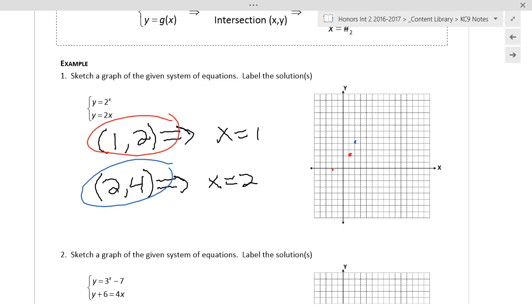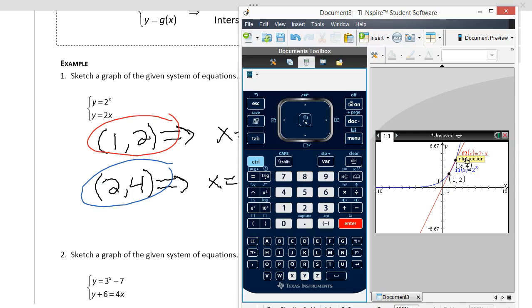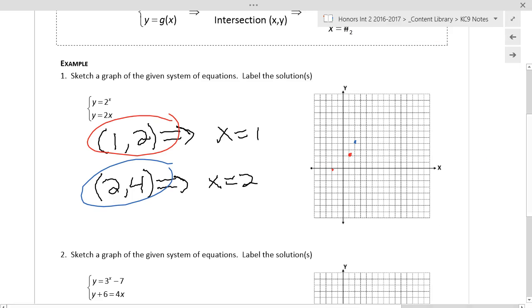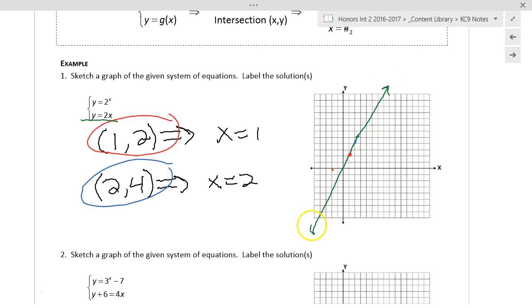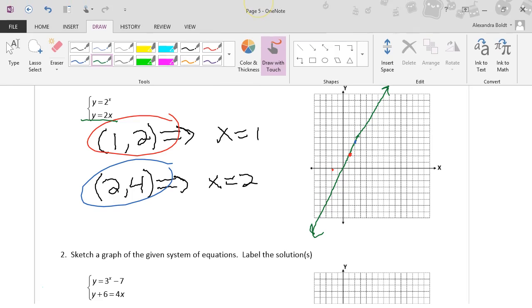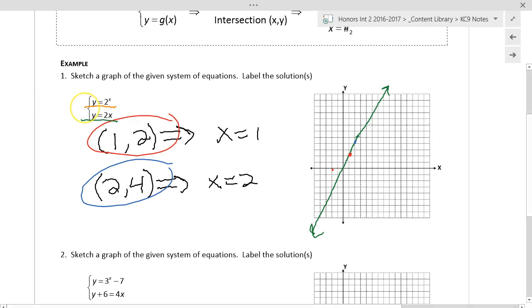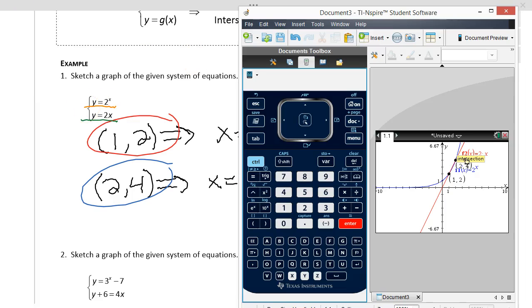Then the last thing I have to do is kind of follow what my graph looks like. I think it's easier to graph just the line first. The line is just a straight line going through both of these points. Then for the y equals 2 to the x, I'm just going to look at where it starts.